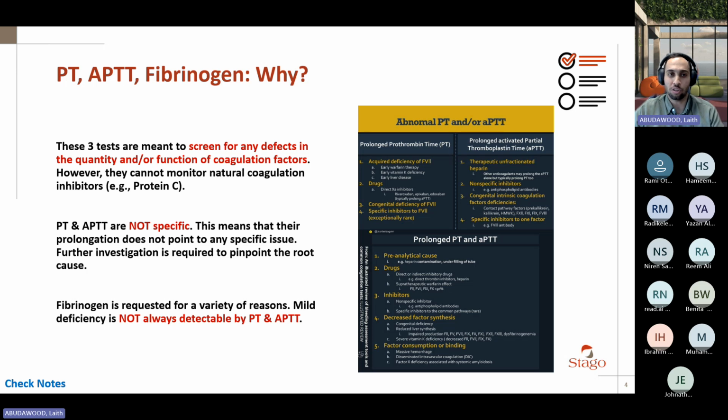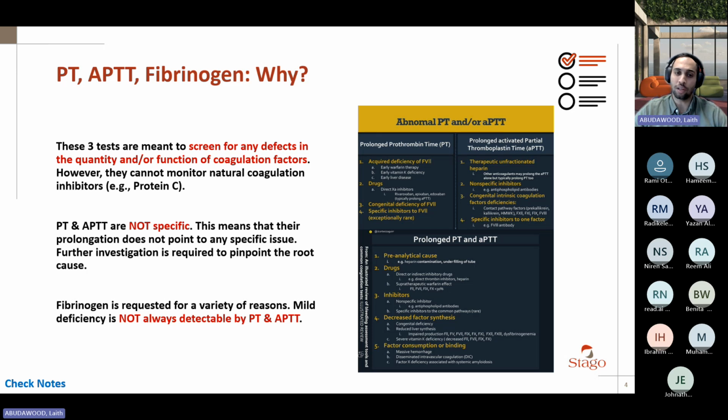We cannot let coagulation start without a way to stop it. So PT, PTT, and fibrinogen cannot give you any idea about your natural coagulation inhibitors. One of them, for example, is protein C. Another example is protein S or antithrombin. So these are natural coagulation inhibitors, but they have absolutely no effect on PT, PTT, and fibrinogen. They are very different from acquired inhibitors.